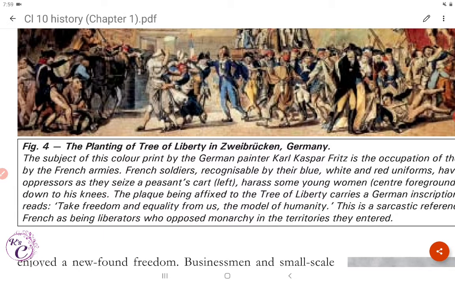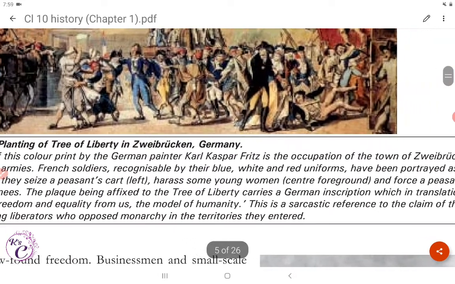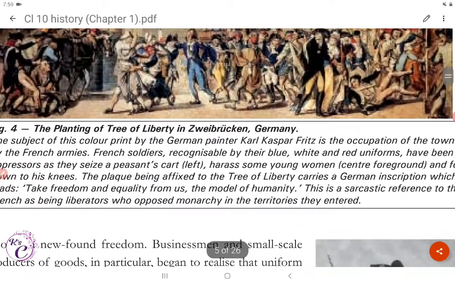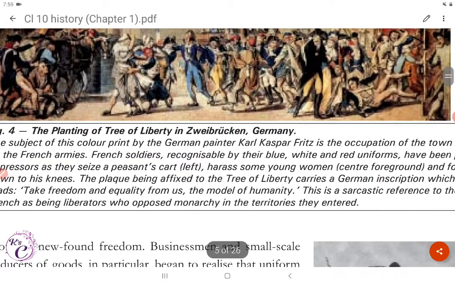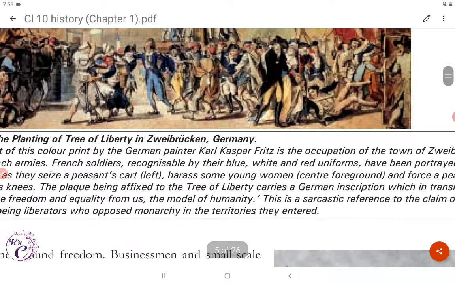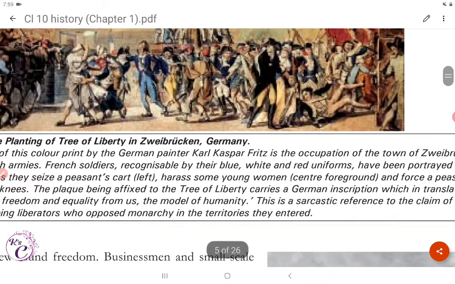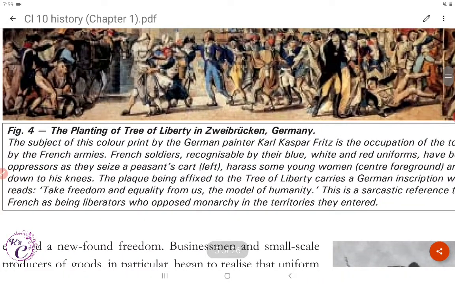French soldiers, recognizable by their blue, white, and red uniforms, have been portrayed as oppressors as they seize a peasant's cart, left, harass some young women, center foreground, and force a peasant down to his knees.